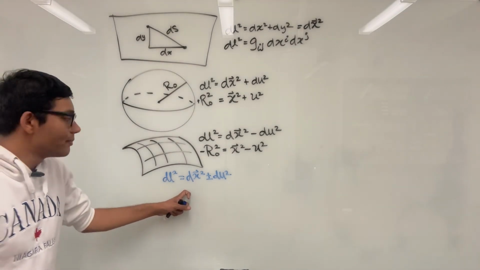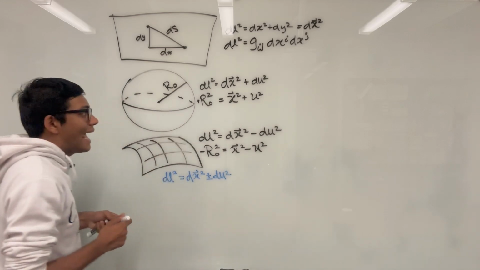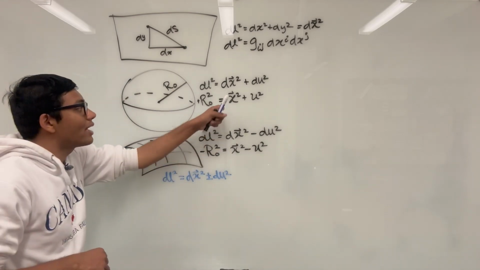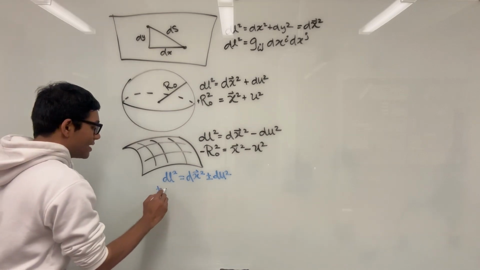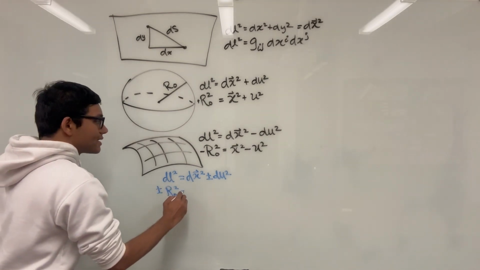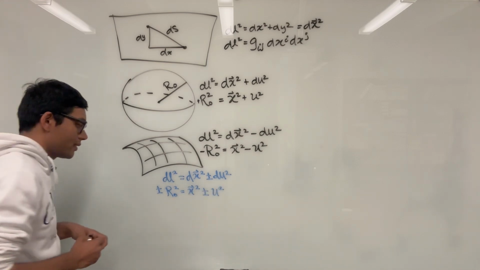That's what we've got by combining these three dl's in general. And then let's combine our embedding conditions so that we find that plus minus r naught squared is equal to x squared plus minus u squared.